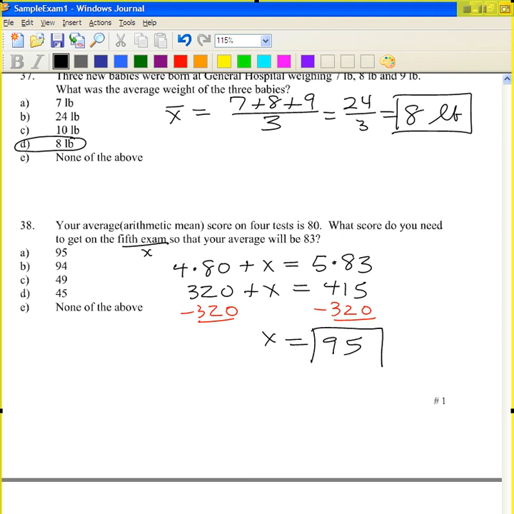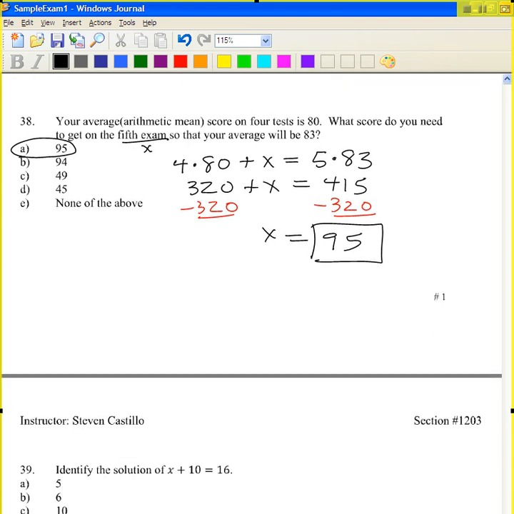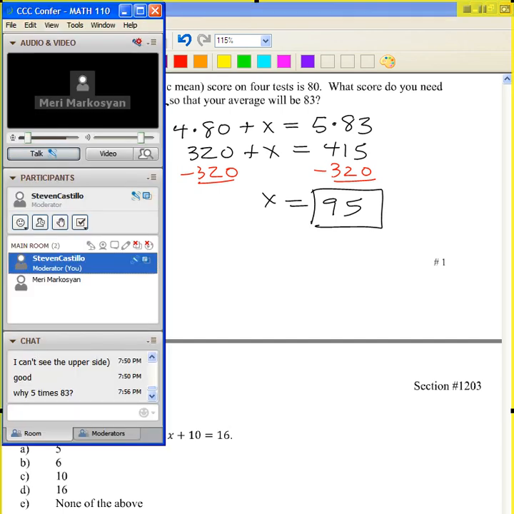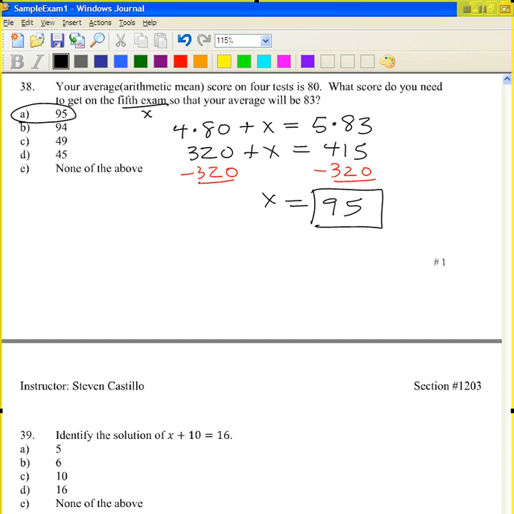So you need a 95 on the 5th exam to increase your test scores from an average of 80 to an average of 83. Oh, why? Oh, because there are 5 exams. So you have an average of 80 for the 4 exams.